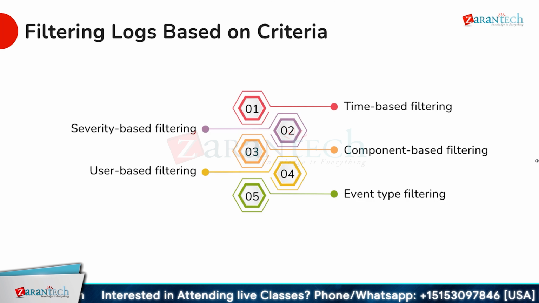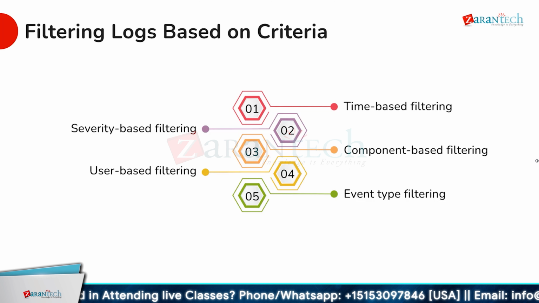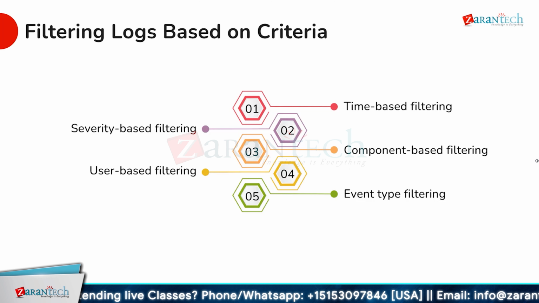Instead of sifting through all logs, you can prioritize severe issues like system crashes or security breaches. Component-based filtering enables you to zero in on specific parts of your system. If you're investigating issues with a database, filter logs from the database component to reduce noise.